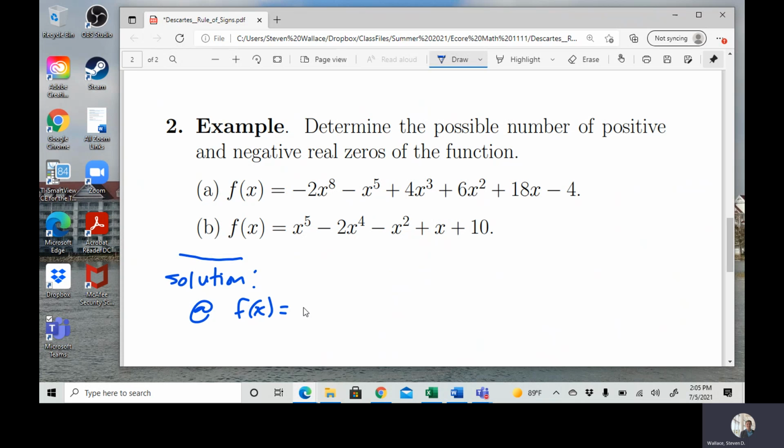So if I look at negative 2x to the 8th minus x to the 5th plus 4x cubed plus 6x squared plus 18x minus 4, notice that I'm going to go ahead and write this in descending order, and you need it written in that way, or this doesn't make any sense.